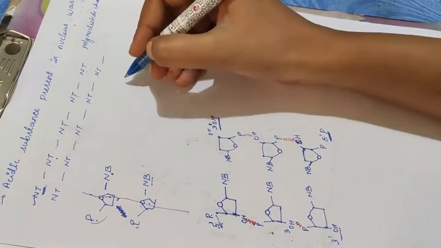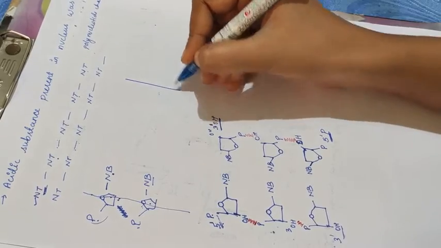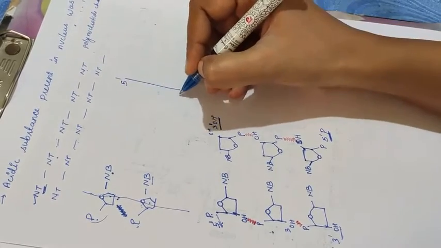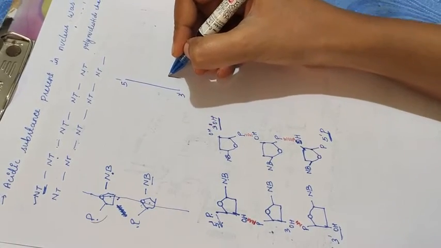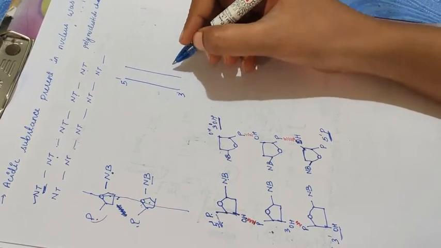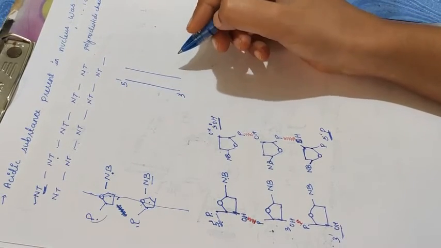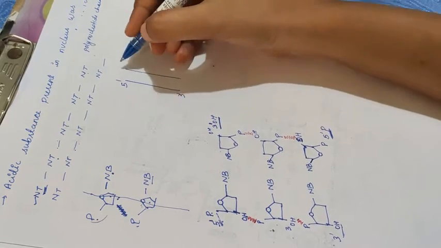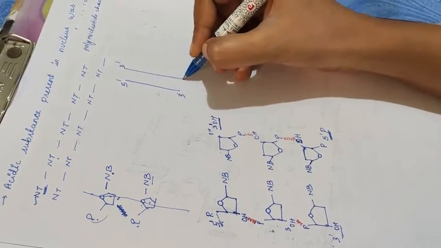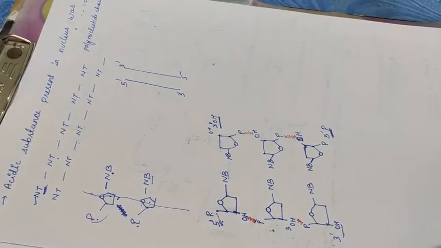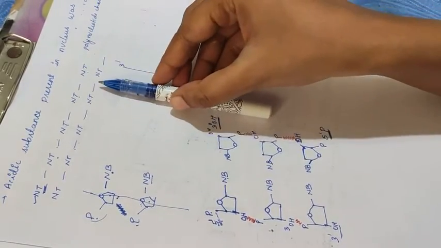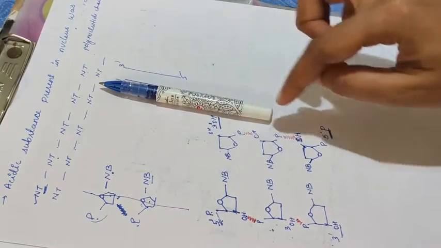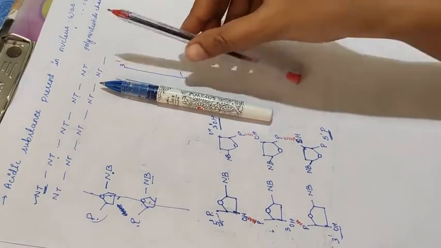That is simply, I can say, if one chain is from the 5' to 3' end, the other chain will be parallel to it. But polarity-wise they are anti-parallel, meaning if it has 5' to 3', the other chain will be from 3' to 5'. It is running in the opposite direction. If this is one chain, if this is 5' to 3', another chain is not like this.